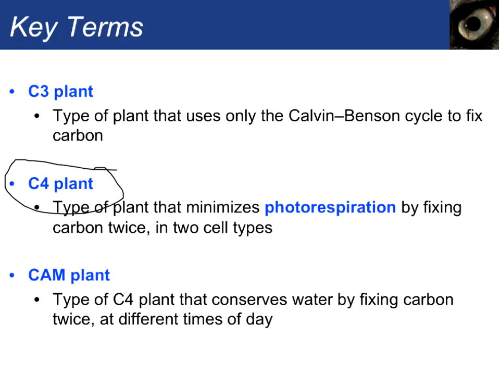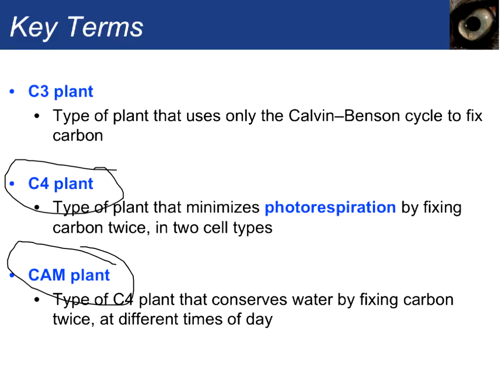So both the C4 plant and the CAM plant are C4 plants, but they separate the process in two different ways. A CAM plant does it by fixing carbon at different times of the day. Remember, if the plant doesn't open its stomata until night, it's going to be cooler, and so not as much water will evaporate.